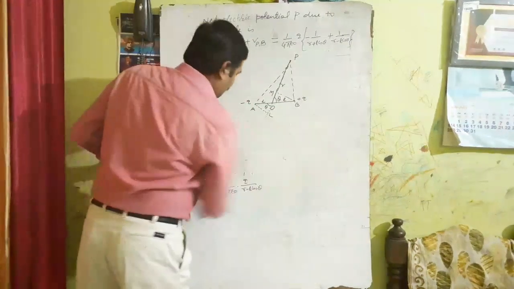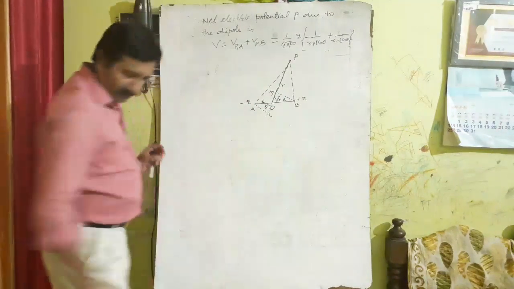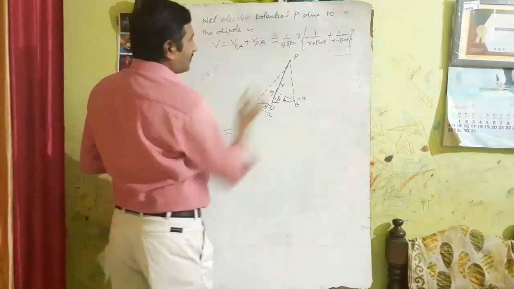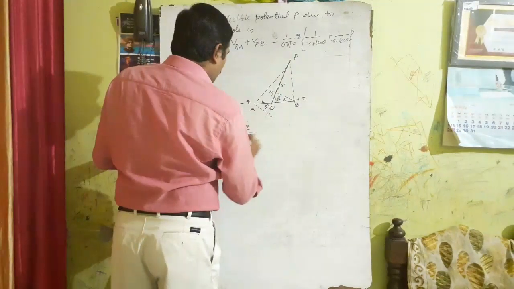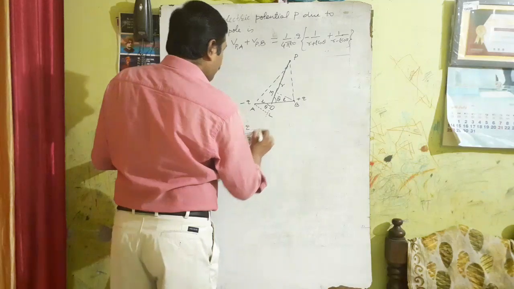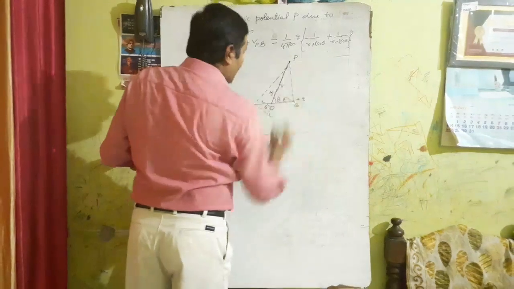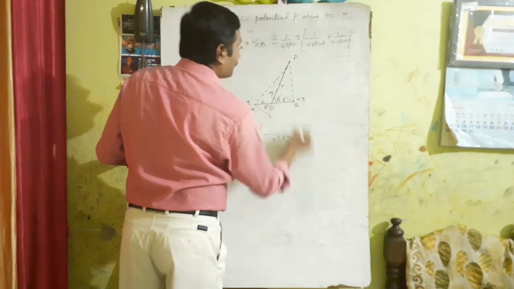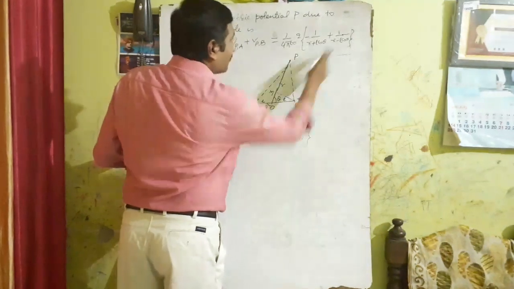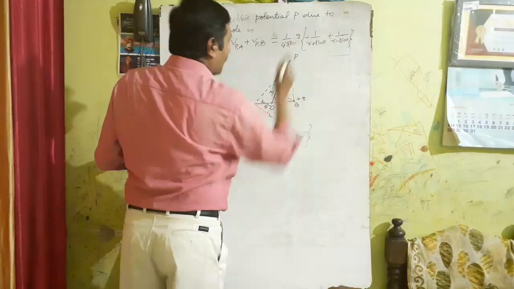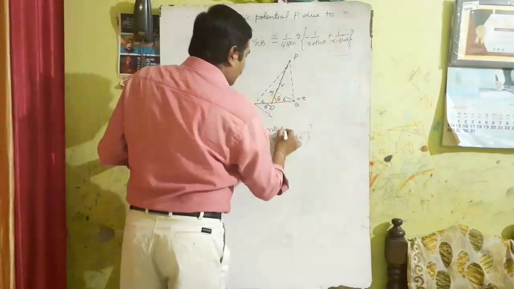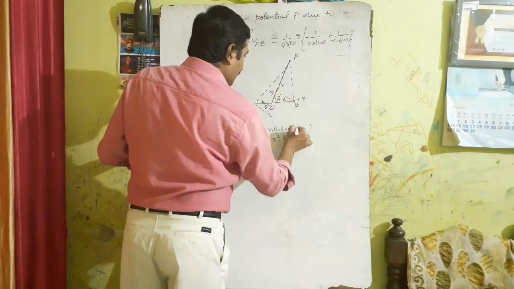If we expand and simplify it, then we will have Q by 4 pi epsilon naught. The LCM will be R square minus L square cos square theta. The numerator will be minus R minus L cos theta plus R plus L cos theta.